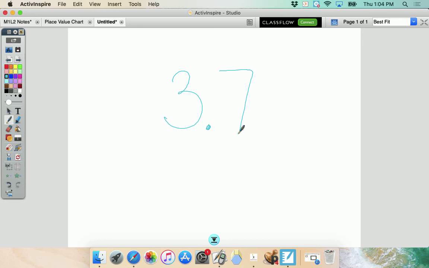Okay, watch me. Don't pick up the stylus. What do you think I fill in with? 0. What else do you think I need? Another 0. A 0 in the ones place, because is 37 thousandths less than 1 whole? Yes. Okay, I'm going to undo this. You give it a try.